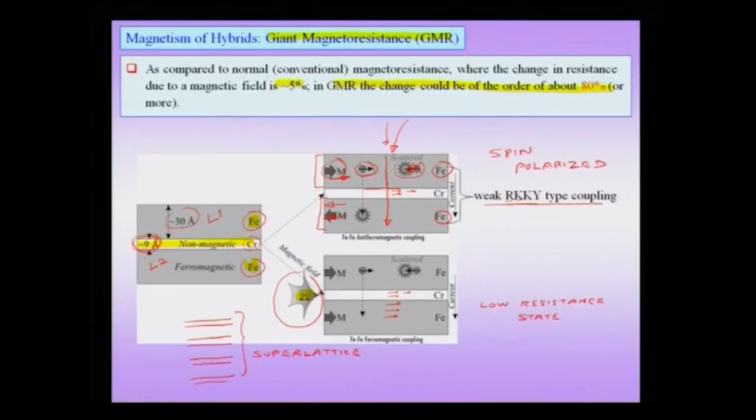A typical structure consists of two ferromagnetic materials with a spacer in between with a very small thickness of about 9 angstroms, and this spacer plays an important role of antiferromagnetically coupling the two layers, which themselves are very thin, of the order of 3 nanometers. And actually you can make a multi-layer superlattice which will give you an enhanced value of this effect.